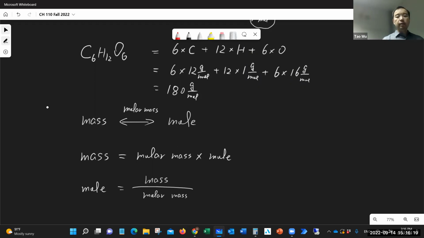So let's do some practice, and let's take out the study guides, page number 3.